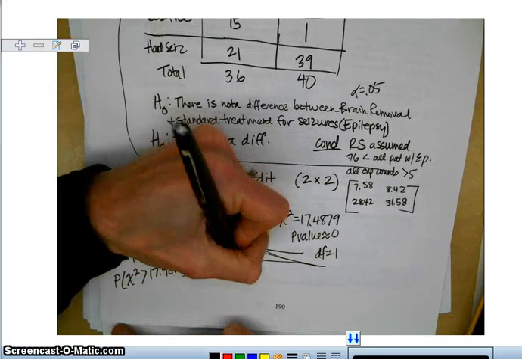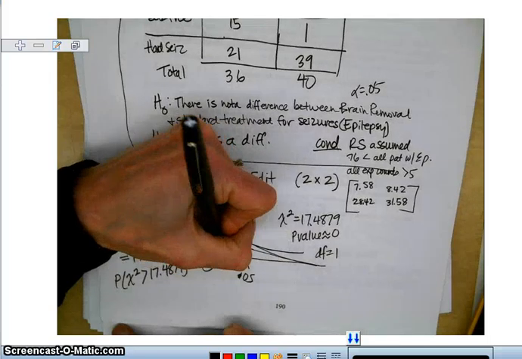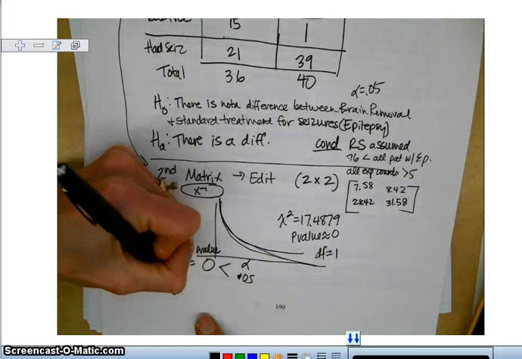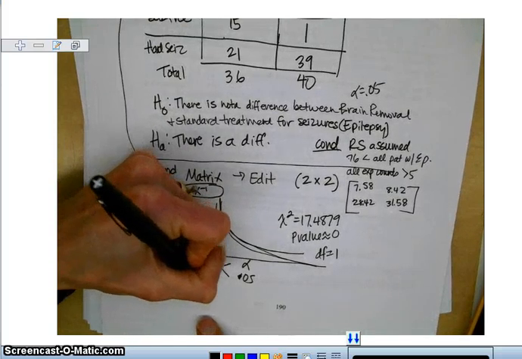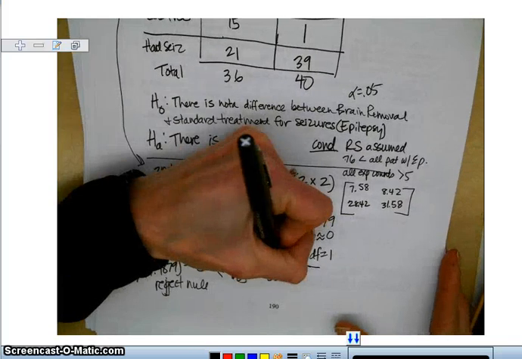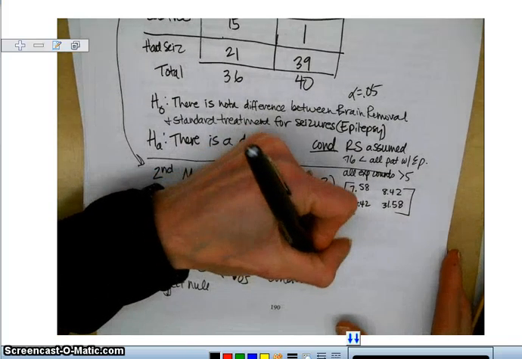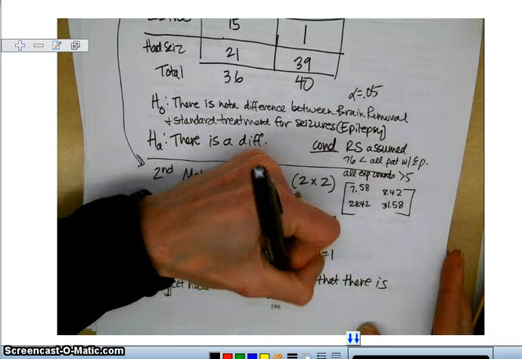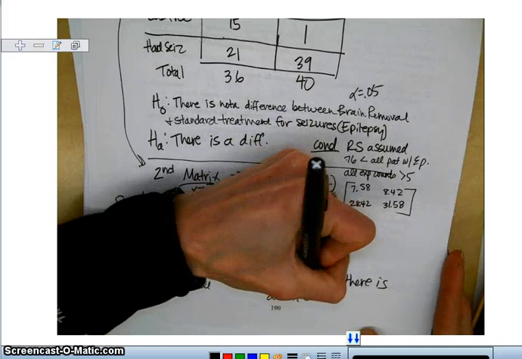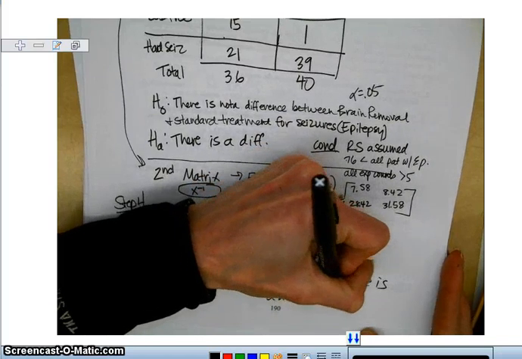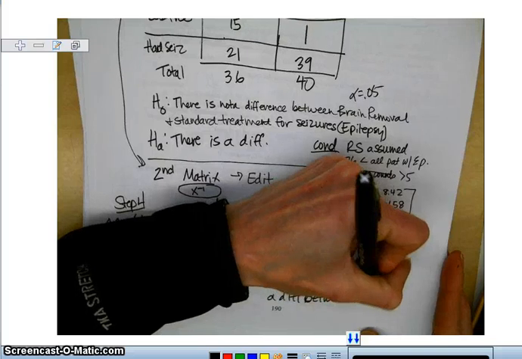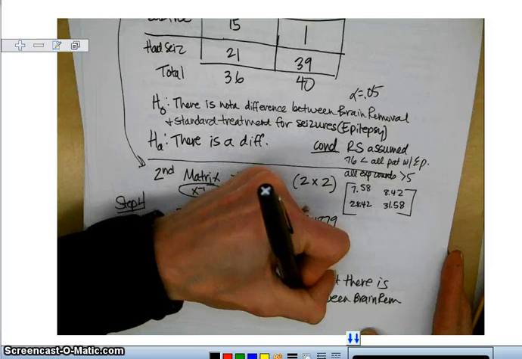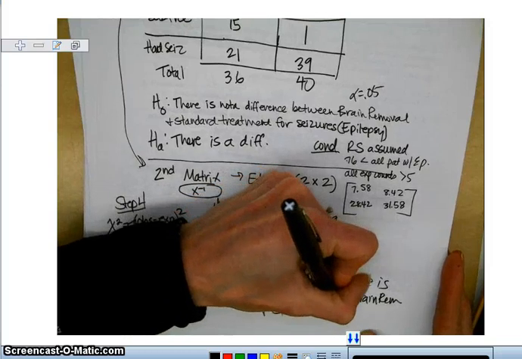If I compare that to my alpha level of 0.05, that's less than that. So I'm going to reject the null, which means that I conclude that there is a difference between brain removal and standard treatment on seizures.